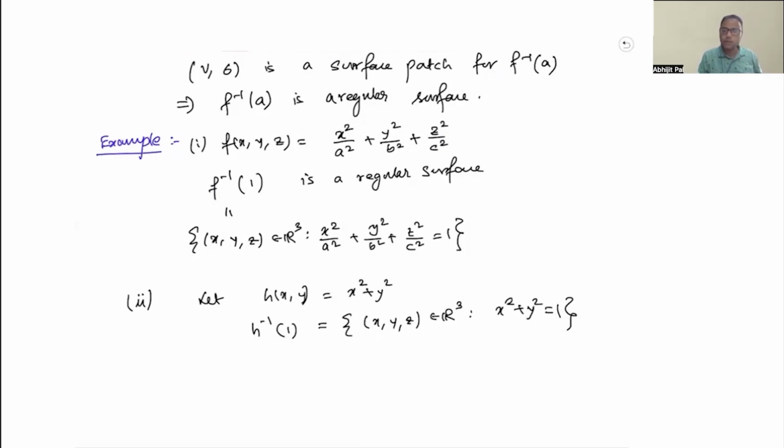Again, you can show that 1 is a regular value of this h. So this is a cylinder, this right circular cylinder in R3. So this is a regular surface.